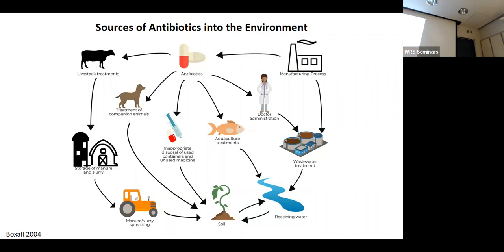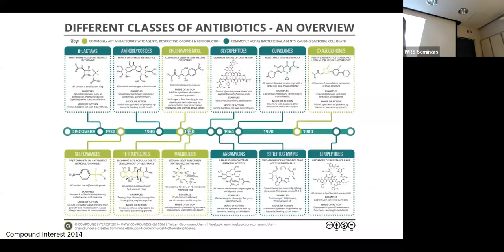To give a brief overview before I go into each of those specific categories a little bit further in depth, there are different classes of antibiotics. Don't worry about the majority of this. I just want to give you a general idea that there are various classes of antibiotics, and within these classes, there are various different antibiotics.